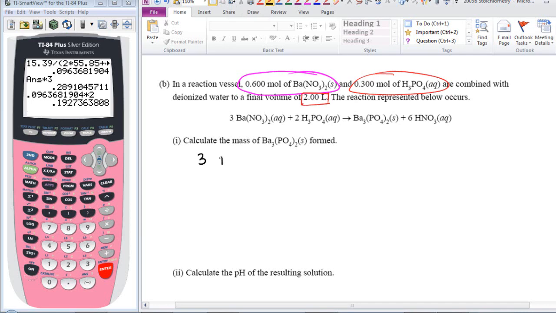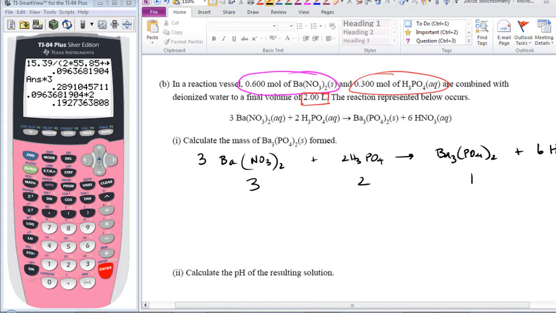So 3 Ba(NO3)2 plus 2 H3PO4 yields Ba3(PO4)2 and 6 HNO3. Old habits die hard. I want to see a 3 to 2 to 1 to 6 ratio staring at me at all times.